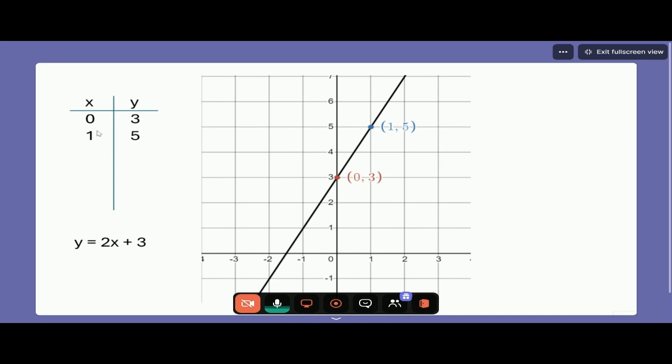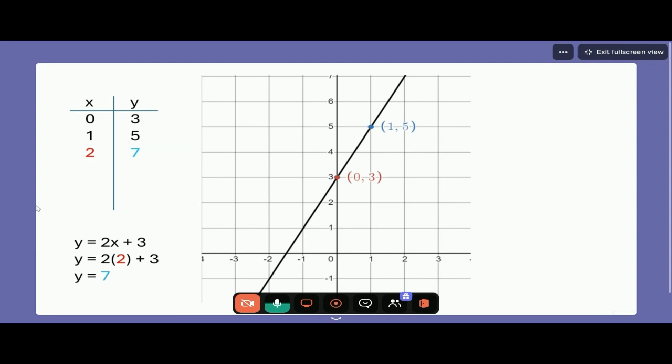So here we chose 0 and 1 and got the y's that go with them, 3 and 5. But what if we had chosen something else? What if we had chosen x equals 2? Put it into the equation. 2 times 2 is 4, plus 3 is 7. There's another pair, right? There it is right there, (2, 7).